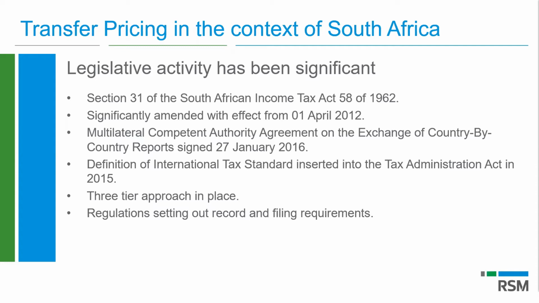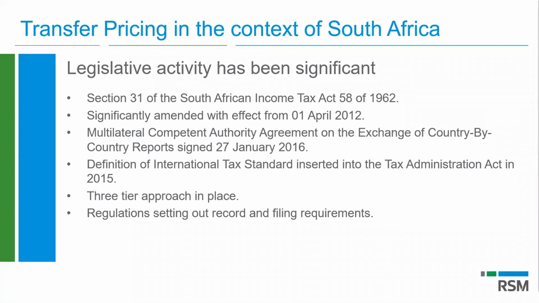This was significantly amended on the 1st of April of 2012, and that amendment was really in anticipation of that third bullet point, which was the signing on the 27th of January of 2016, the Multilateral Competent Authority Agreement on the exchange of country-by-country reports.